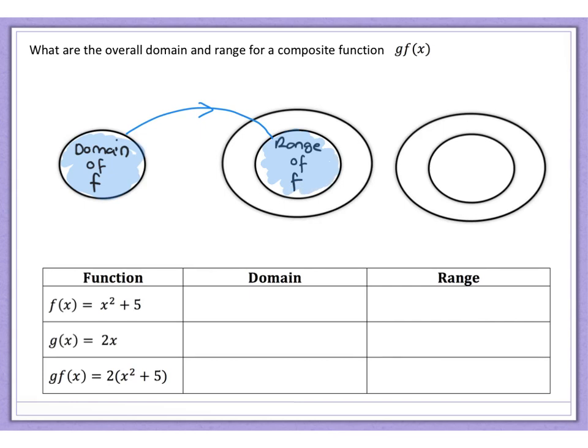Now, in order for our composite function to be created, the function g has then got to be applied, in this particular case, after the function f. So the domain of g has got to be the same as the range of f, or it's got to include the range of f. So I'm going to shade this in, and this will represent the domain of g.